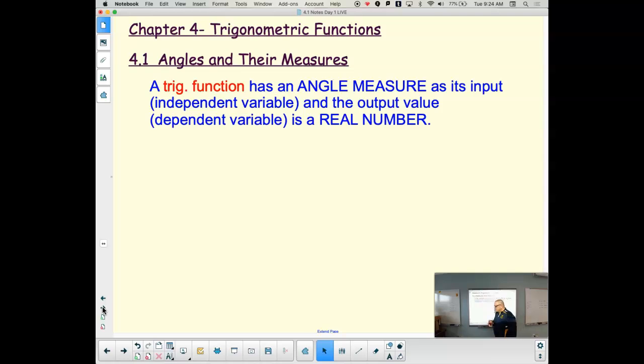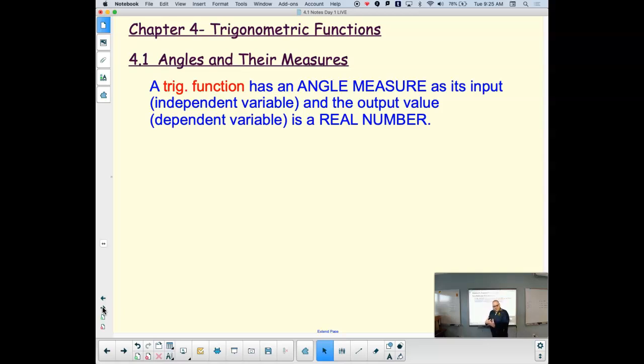Okay? So, normally in an algebraic function, we would have a function based off of x. And that x would be numbers that we could plug into the function and we would get out a value, and that would be our output. So our domain would be the x values and our range would be the y values.